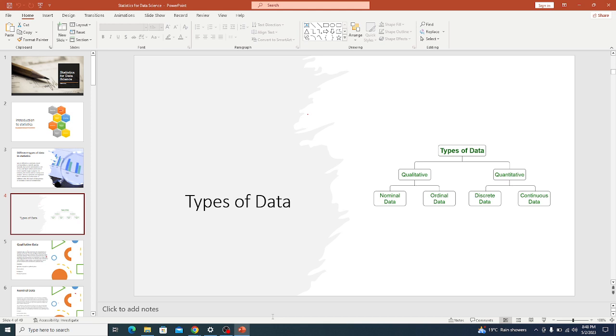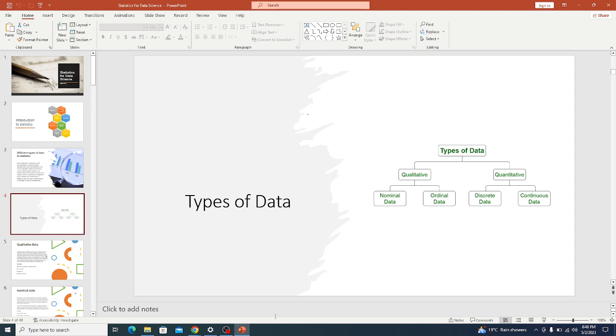Now let's come to continuous data. For example, the height in a class. We can't all have the exact same height.